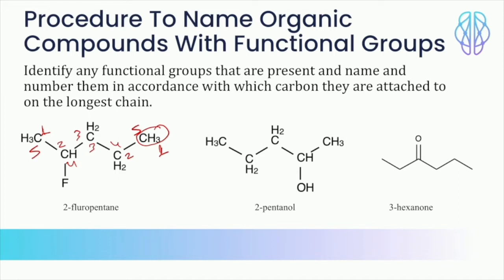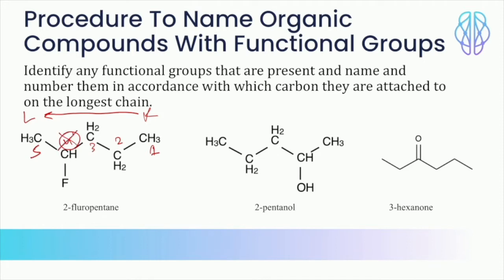And what do I actually mean by this? I'll show you. If we look from left to right, left being 1, right being 5, the fluorine is on the second carbon, so 1, 2, right? However, if we go the other way, from right to left, so this being 1, 2, 3, 4, 5, the fluorine is now carbon number 4.